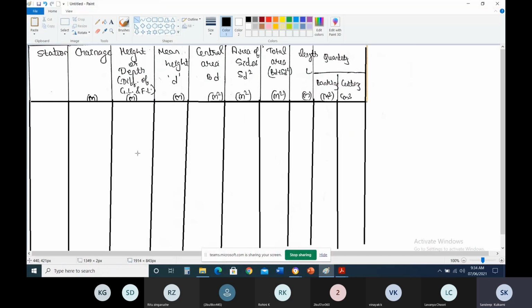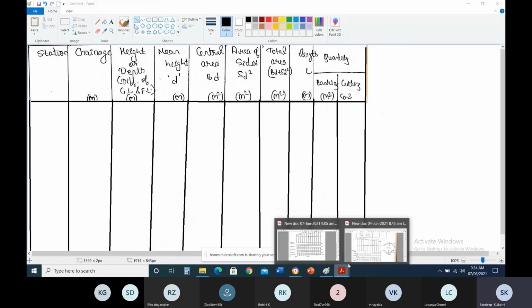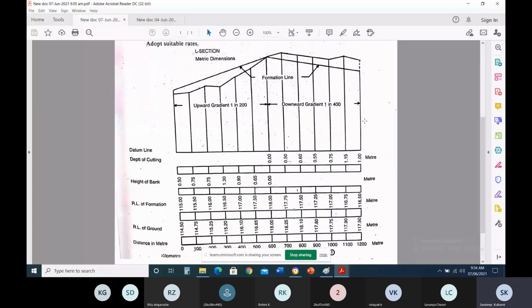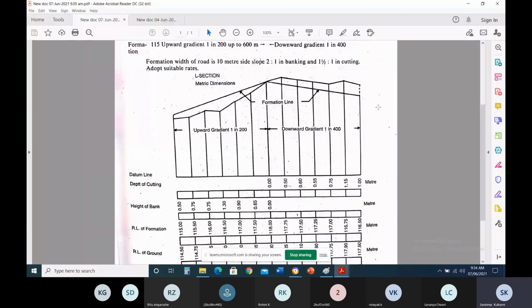Okay, so we will start with the calculations now. Here, very important, I'll go back to the diagram. Why the diagram is required: from this you will understand where exactly the ground changes from cutting to banking or banking to cutting.